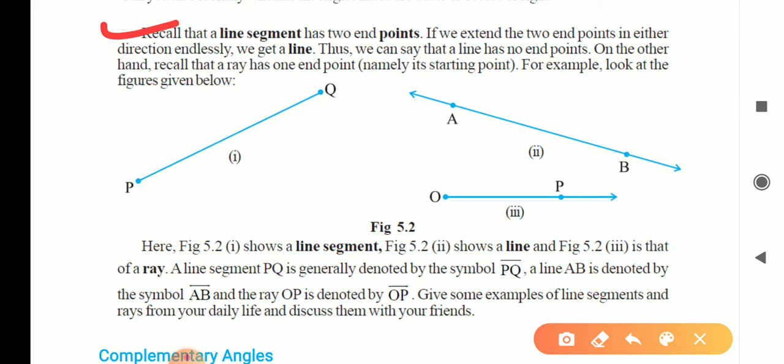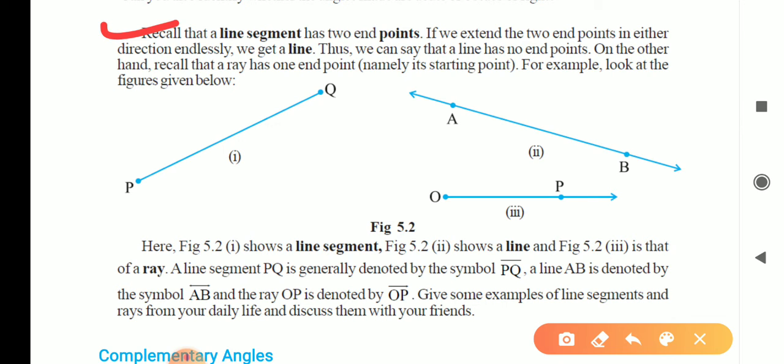If we extend the two endpoints in either direction endlessly, we get a line. Thus, we can say that a line has no endpoints. On the other hand, recall that a ray has one endpoint, namely its starting point.